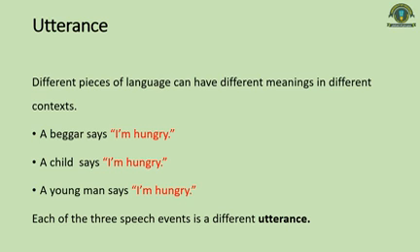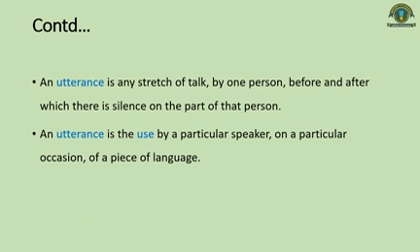Just as we can talk about shopping lists, for instance, or much longer texts, as there are so many cases in your books. So we can say that an utterance is any stretch of talk by one person before and after which there is no silence on the part of that person.